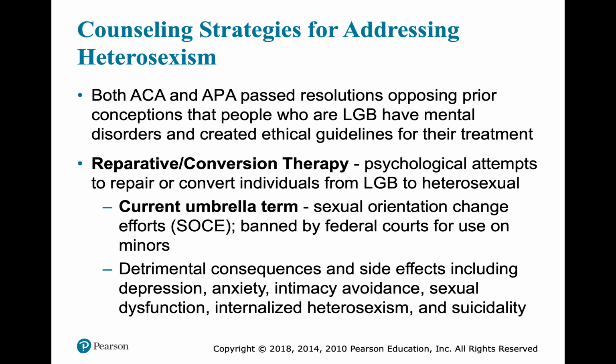This was formerly called reparative therapy, the idea of using psychological approaches to alter or repair sexual orientation. It's now called conversion therapy, the idea of converting an individual. The current umbrella term is sexual orientation change efforts, an umbrella term for all of these things.